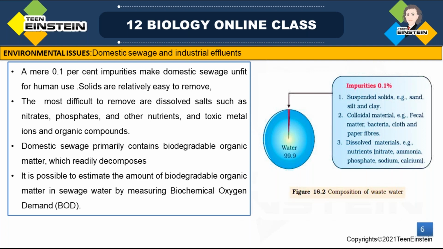So which is most difficult to remove? The most difficult ones to remove are dissolved salts like nitrate, phosphate, and other nutrients. Then toxic metal ions will be there, organic compounds will be there. All these things are very difficult to remove. Okay.